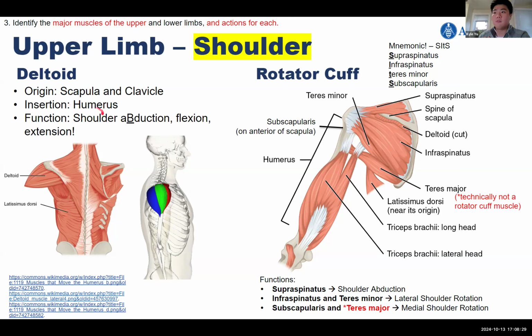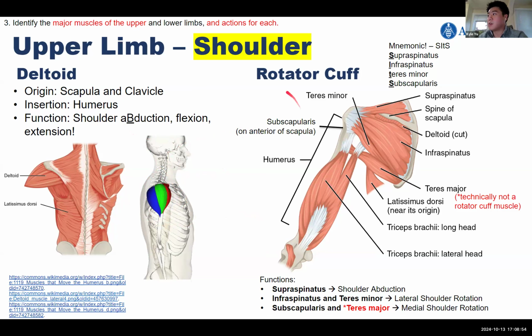So in this case of shoulder abduction, which is primarily done by this green head of the deltoid, you're contracting the muscle, it's going towards the scapula, and then you're pulling the humerus and subsequently the rest of the arm up with it in abduction, right? And I'll go over this a few more times with some other examples in terms of contraction and muscle movements.